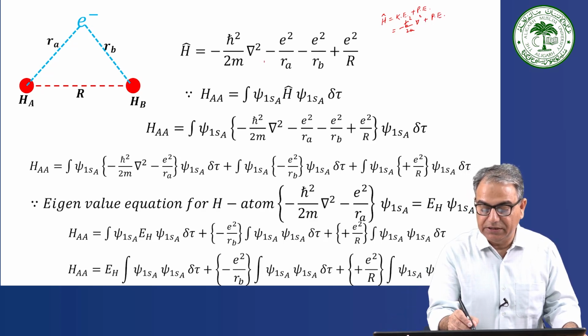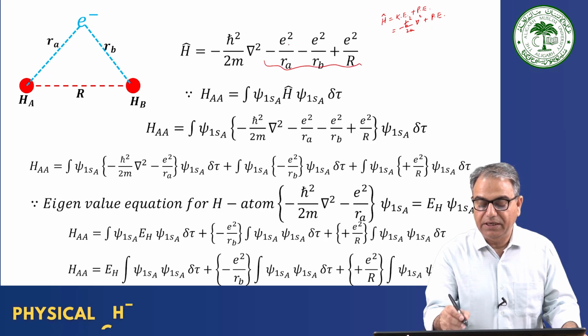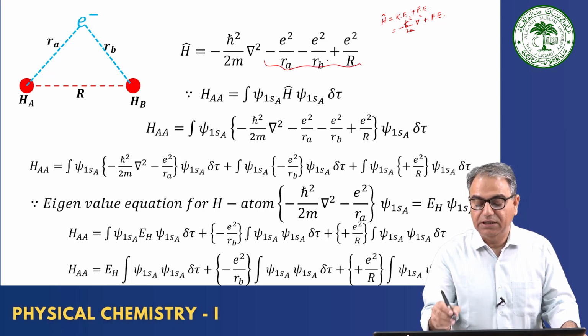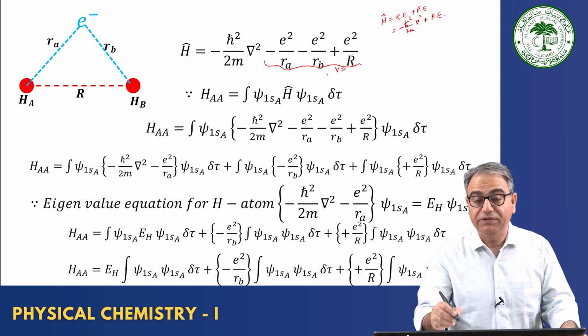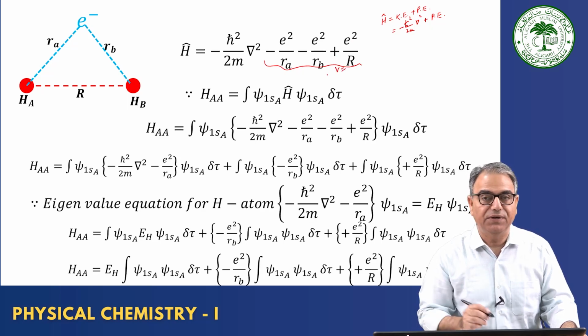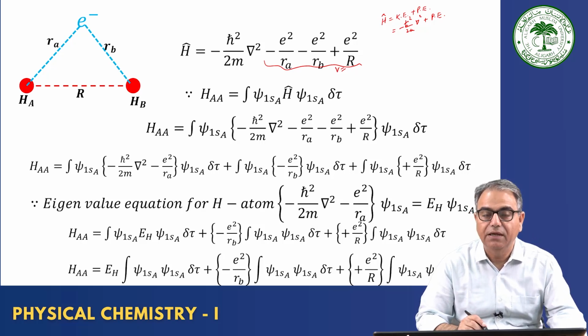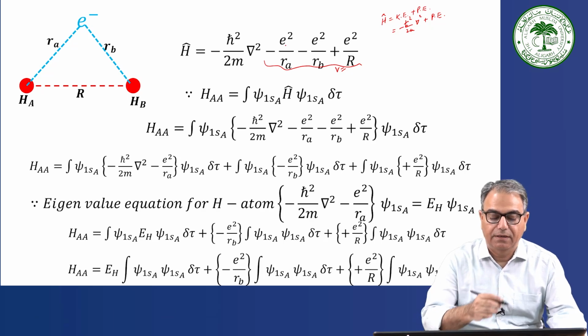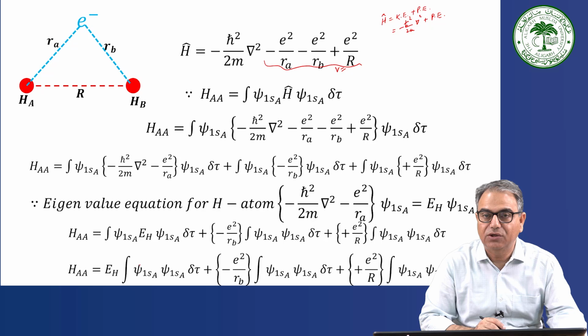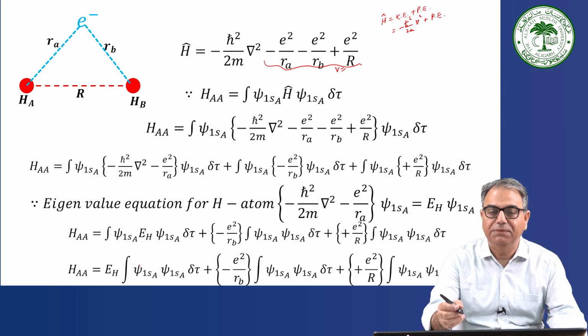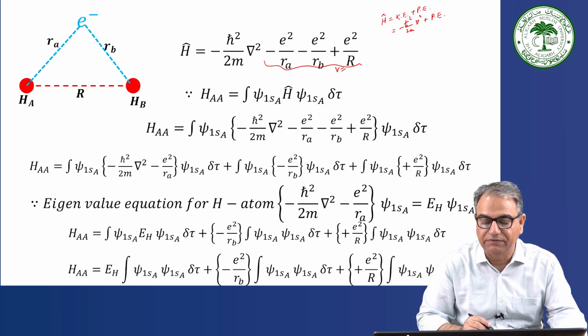So this part of the energy, minus E square by Ra, minus E square by Rb, plus E square by R, is the potential energy term, with many simplifications, because 1 by 4 pi epsilon naught, the permittivity constant, is omitted here. We have supposed that the charges present on the nucleus and the electron are the same, with value E. Okay. So these assumptions are there, but it's a very simplified version I have written because it is easier for you to understand this way.